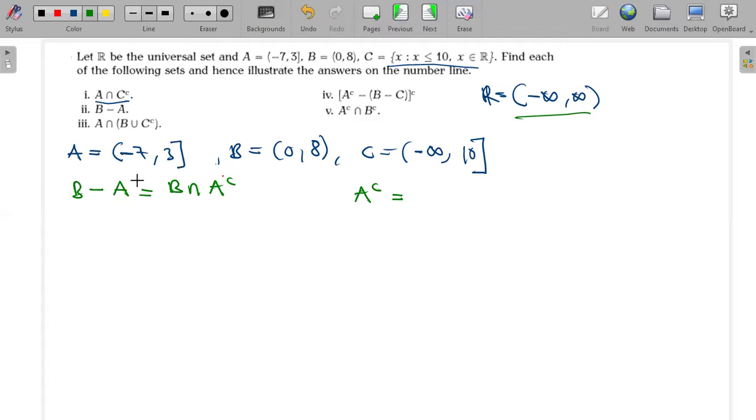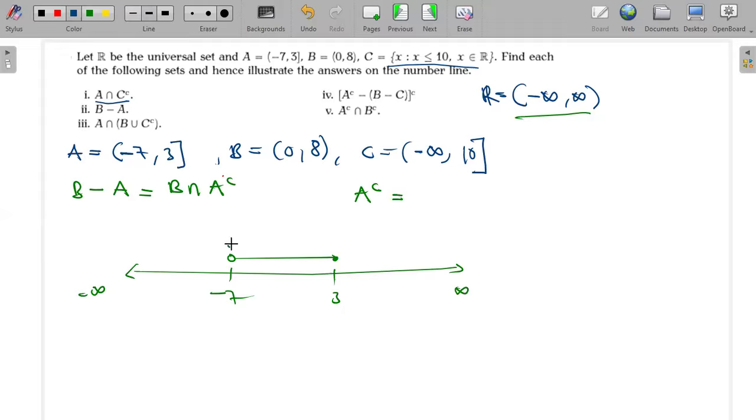So my A is this here. Let me sketch it so that you're able to see it. My A is from -7 to 3. There it's open and there it's closed. The complement of this is going to be, since -7 is not in A because it's open there, it means it's going to be in the complement.